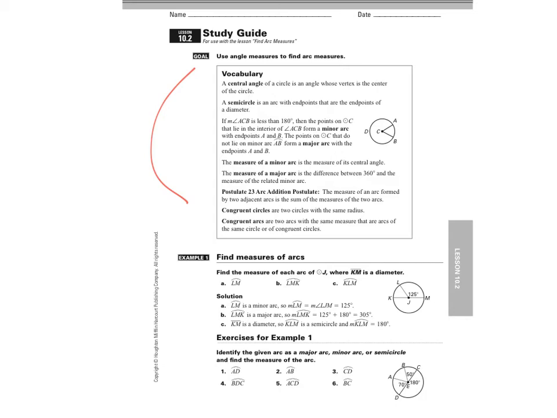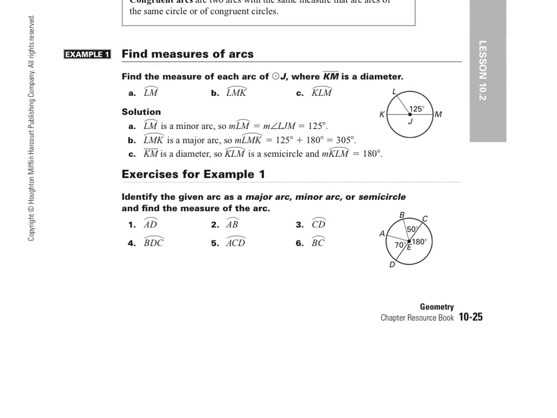So, for example, if I wanted to find a given arc measure, let's look at the exercises for example 1. If I wanted to find the arc measure of AD, this one's pretty basic, and you're just going to look at the central angle measure. So the measure of AD would be 70 degrees.